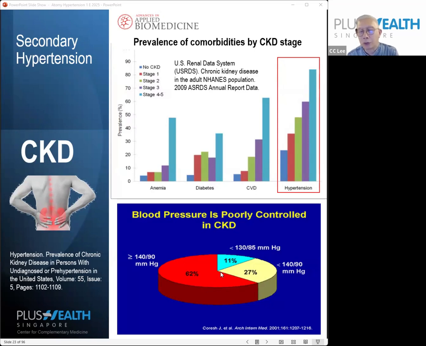If you add these two together, it's almost 90% of chronic kidney disease patients suffering from hypertension. So you can see how prevalent it is. They go hand in hand. So for people who suffer from chronic kidney disease, you almost certainly have to take care of the hypertension, because hypertension goes with them.